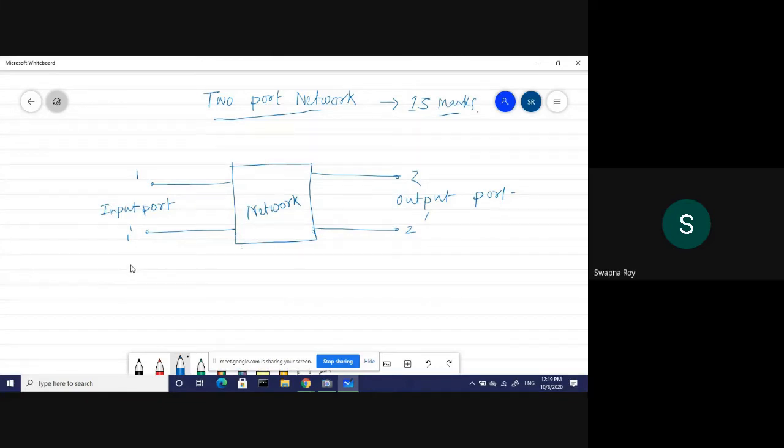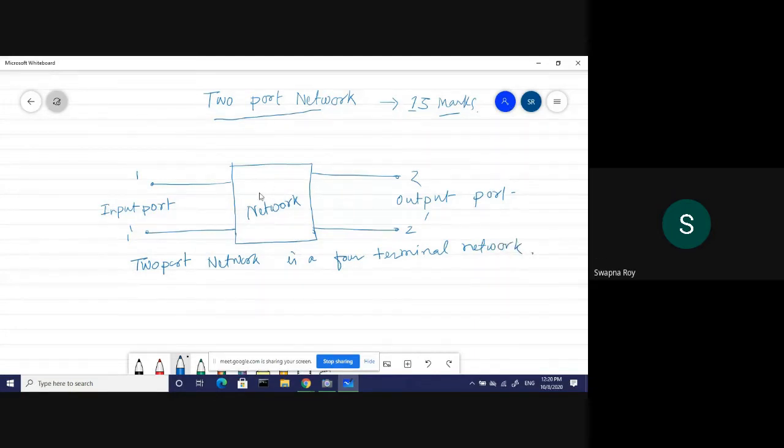So I can define a two-port network as a 4-terminal network.